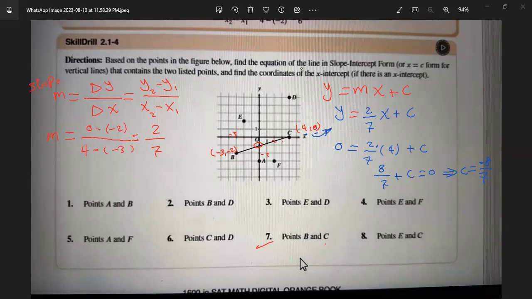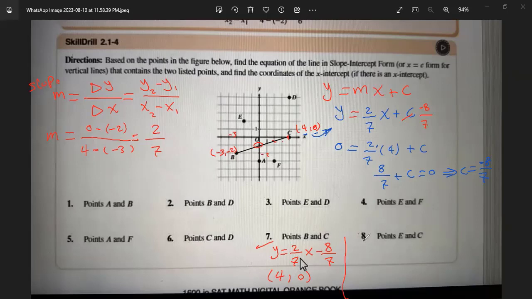So the equation is y equals 2 sevenths x minus 8 sevenths. And the x-intercept is point C. Point C is given from the graph scale: 4 and 0. That's all. I think it's very easy.